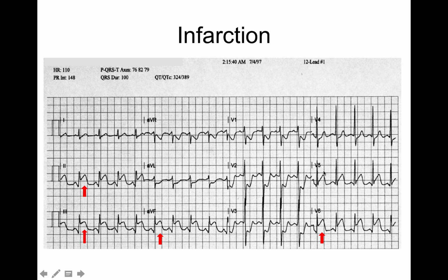However, it has to be in 2 leads, two confirmations. So I don't see any elevation here. Then here I have some depression, but I don't have any depression. So what's going on here? Inferior wall MI with ischemia to the septal portion of the heart. So that heart attack is going from the very bottom, working its way up the septum of the heart.